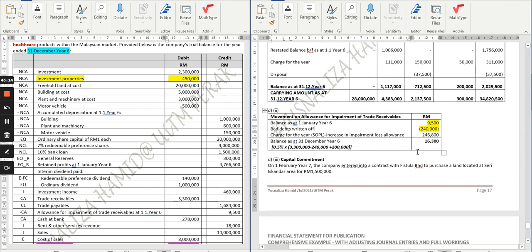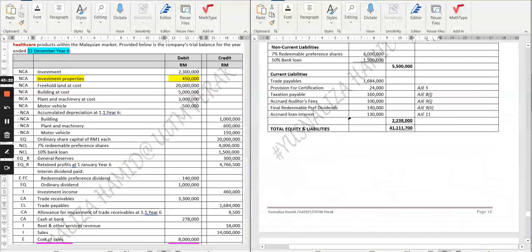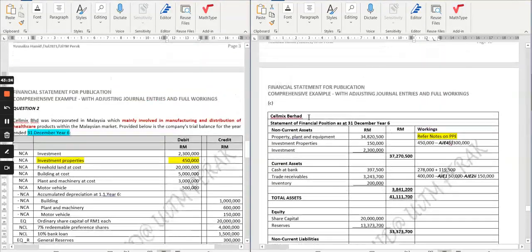So that will be shown later, but this 16,300 will be deducted against the accounts receivable. Okay, that was for that adjustment.